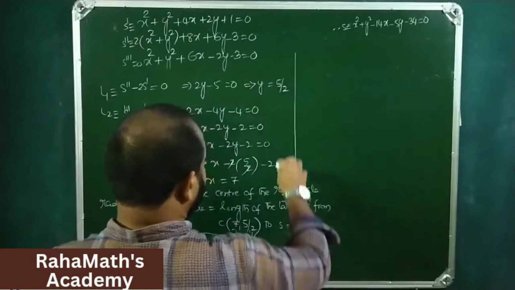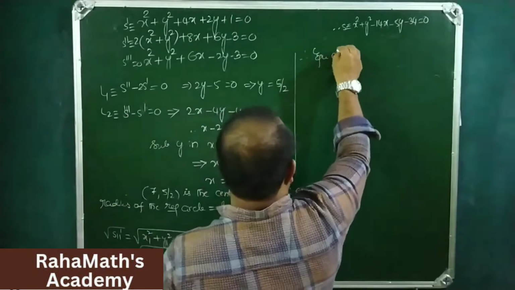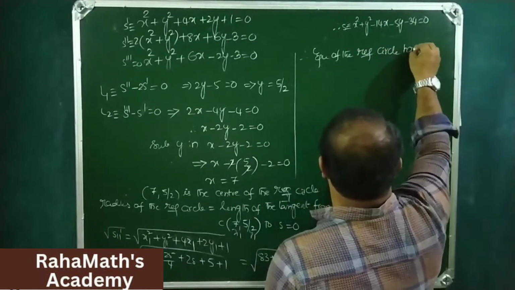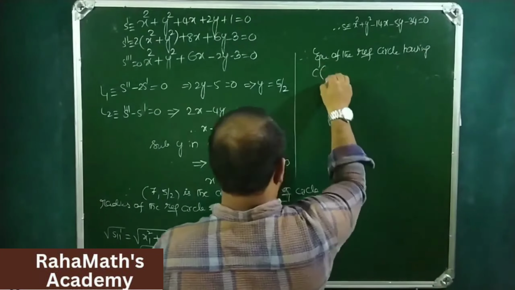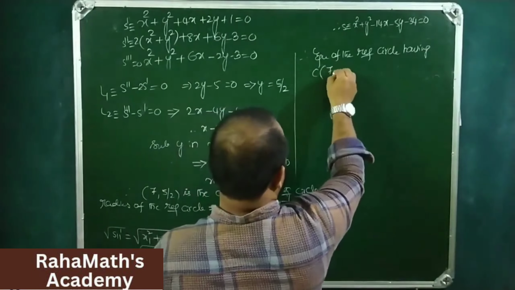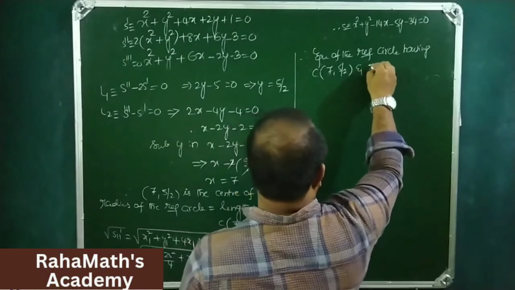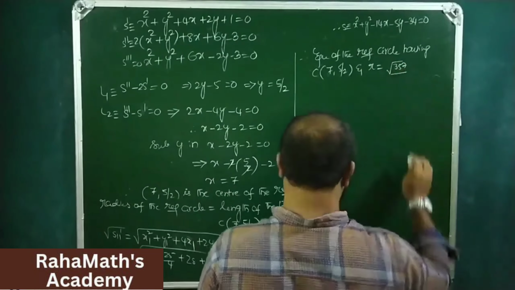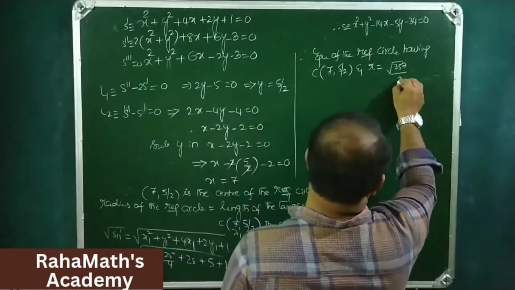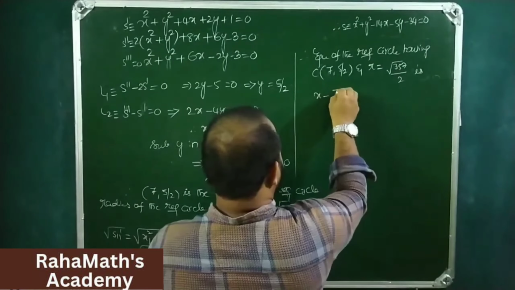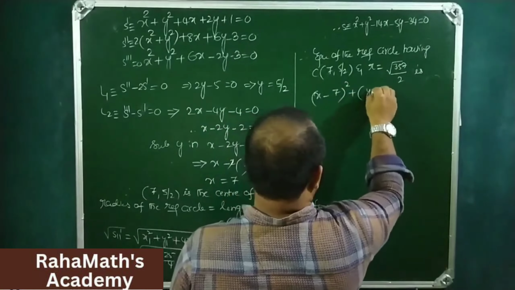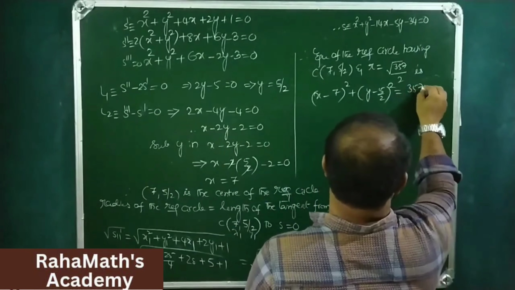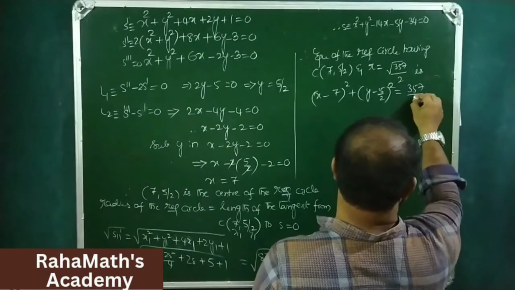Therefore, the equation of the required circle having C equals to 7 comma 5 by 2 and radius R equals to root 357 by root 4, which is 2, is x minus 7 whole square plus y minus 5 by 2 whole square is equals to 357 by 4.